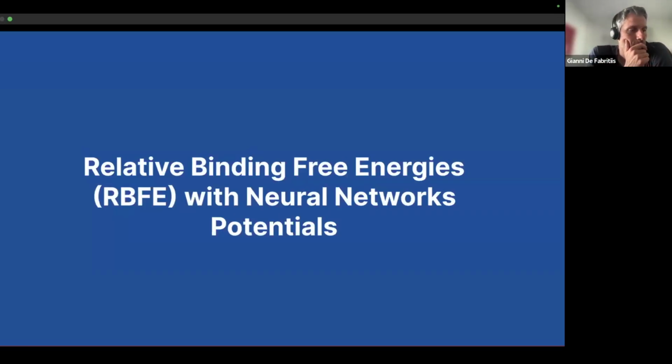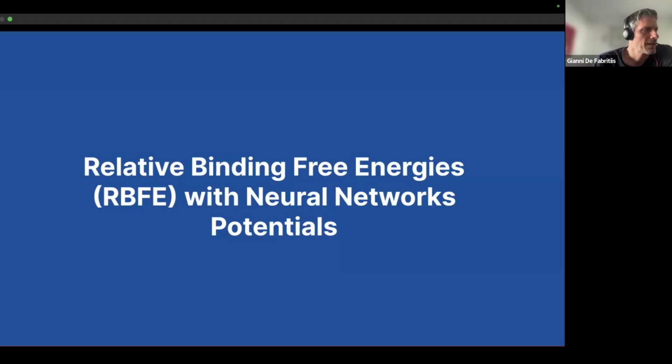We use TorchMD-Net, which is based on PyTorch, for kind of everything; it's our work environment. And it's pretty well optimized, so if you want to use it, you'll get good performance.